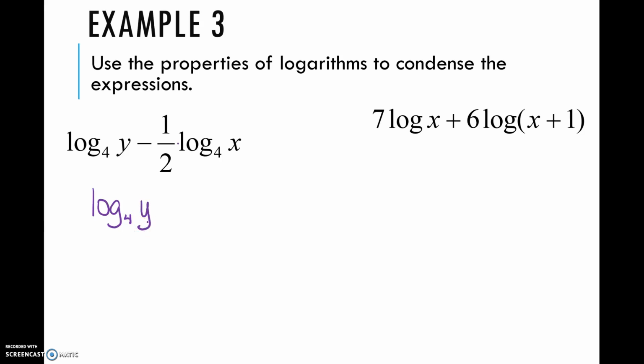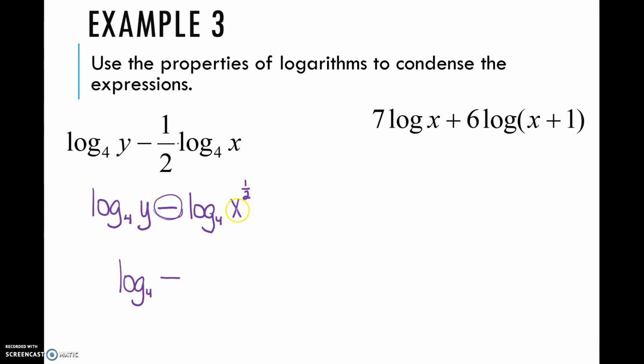So we have the log base 4 of y minus the log base 4 of x to the 1/2. Okay, subtraction between the logs. What does that mean inside the log? You're right, it means division. Division is on bottom, negative.